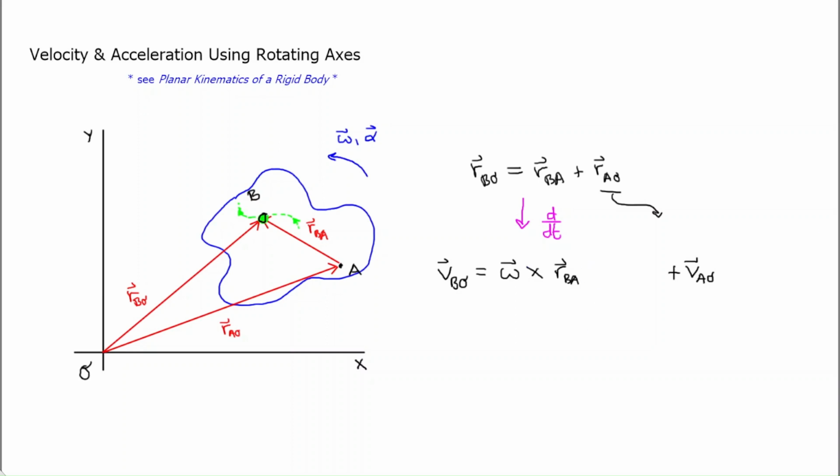But the new thing here is the fact that this particle is moving with respect to the rigid body. It's as if we have got some little coordinate system. It can pass through A, but it doesn't have to.